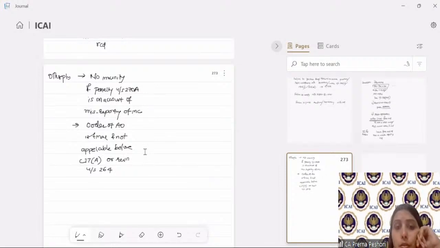So this order of the AO shall be final. It cannot be taken up for revision also, or there is no appeal possible. Is that clear? Is that clear? Any doubt?